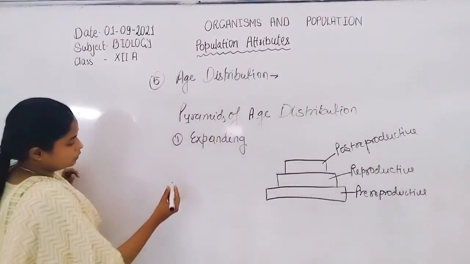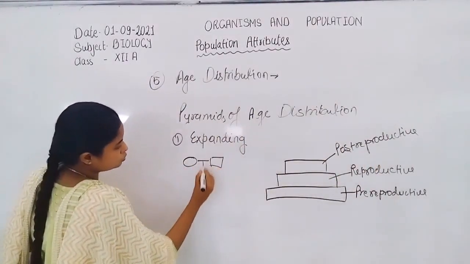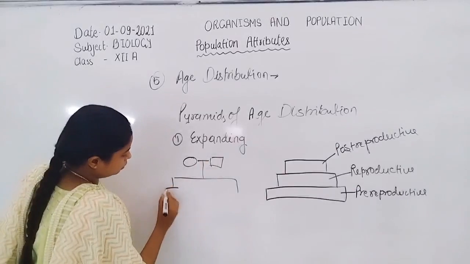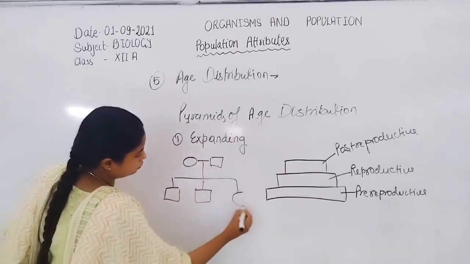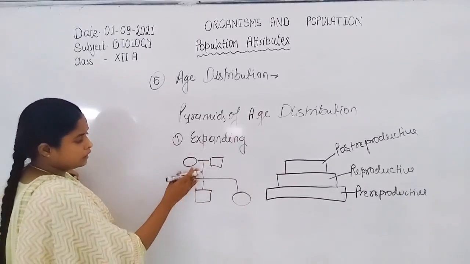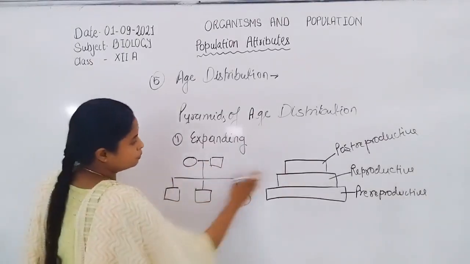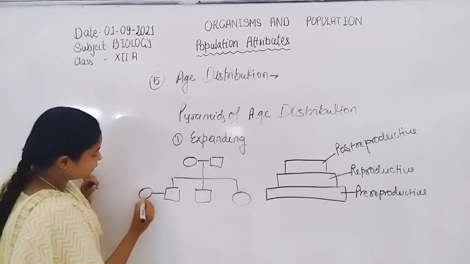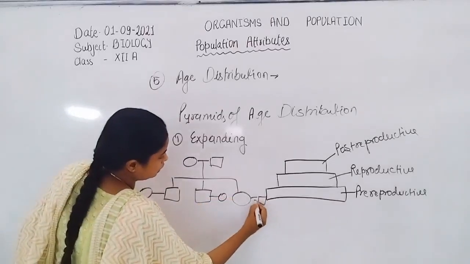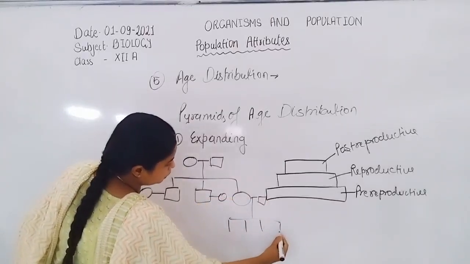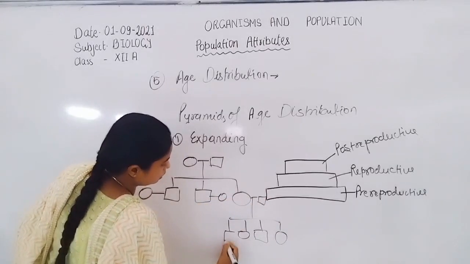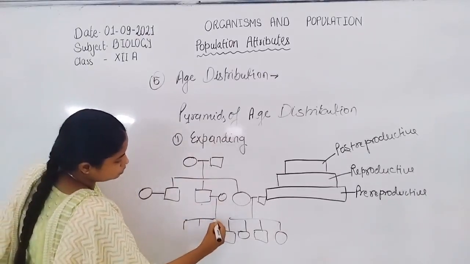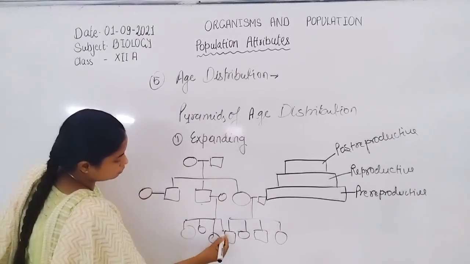For example, if there is a couple which belongs to the post-reproductive phase, like a grandfather and grandmother, and they have three children, who in the present time belong to the reproductive phase, and when their children get married they again produce four individuals, that type of population will always show an expanding population.